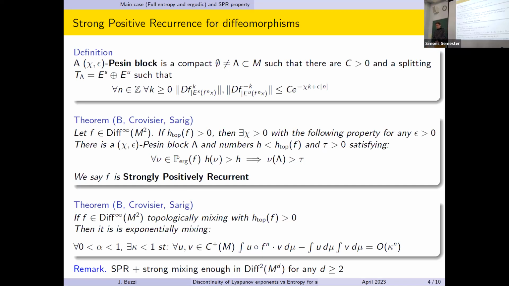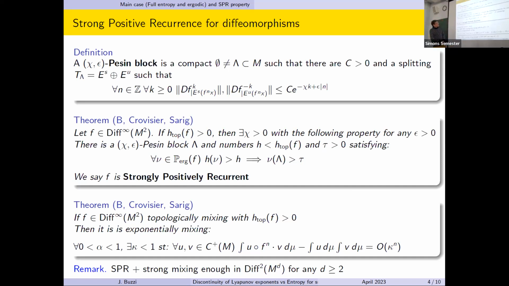uniform hyperbolicity estimates. That is, you have a splitting everywhere above this compact set, with a stable and unstable direction. For instance, the stable direction is contracted uniformly. This is the K we have, this is the number chi.